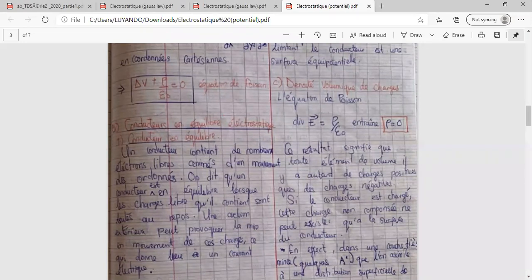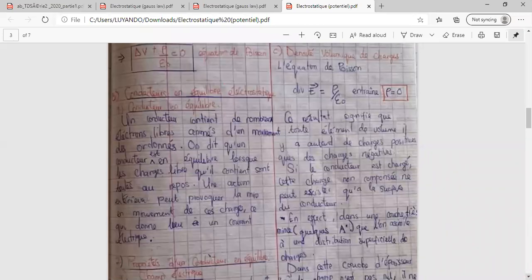Une action extérieure peut provoquer la mise en mouvement de ces charges, ce qui donne lieu à un courant électrique.